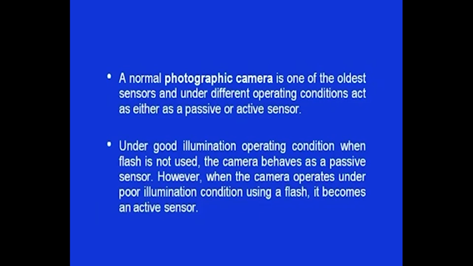However, when the camera operates under poor illumination conditions using a flash, it becomes an active sensor. So with this example, the user should be able to understand the categorization of sensors on the basis of energy source.